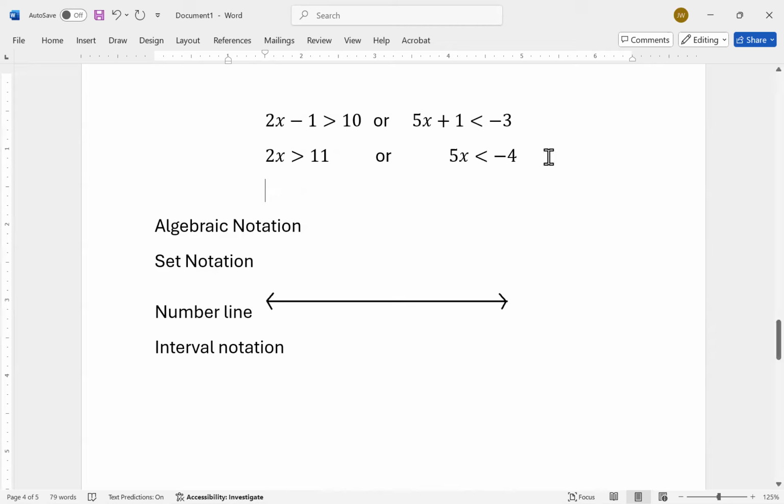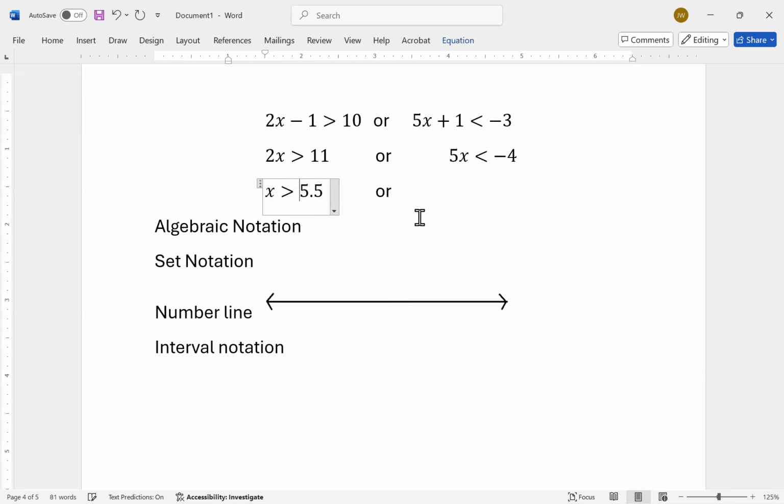Some people would have just finished this one off and divided both sides by 2. If we did that, we'd get x is greater than 5.5. Oh, I'm sorry, my bad.